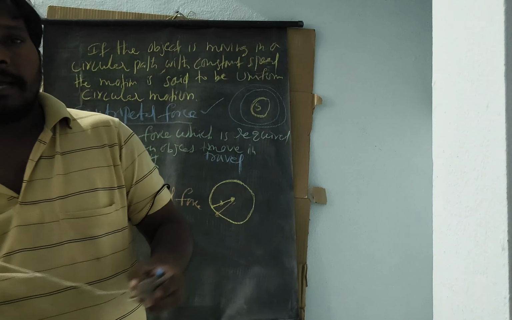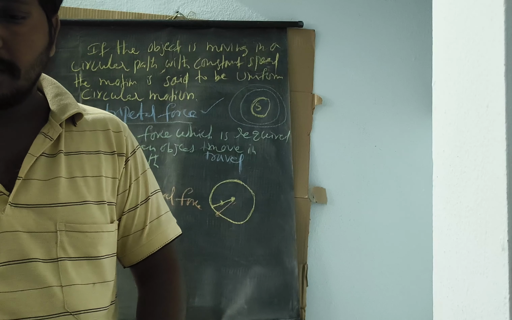For uniform circular motion, we have different examples. The first one: artificial satellites move in uniform circular motion around the earth, because of centripetal force. Then the moon, which is a natural satellite, also moves in uniform circular motion around the earth.